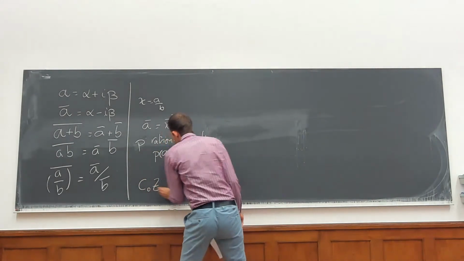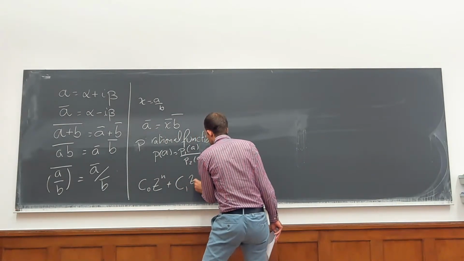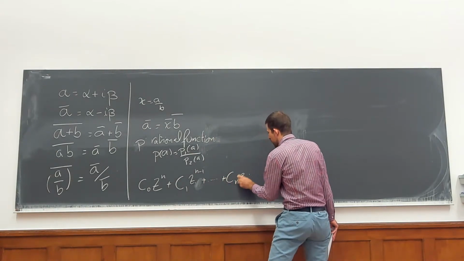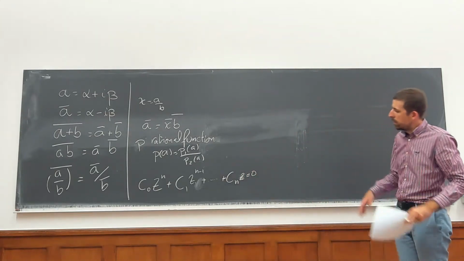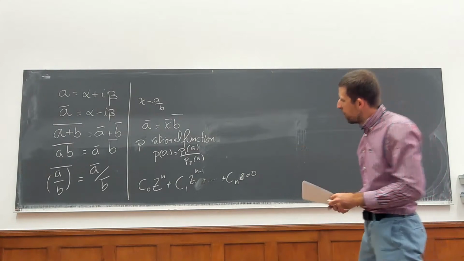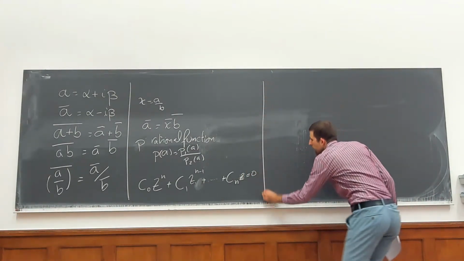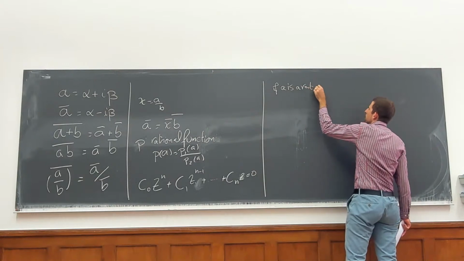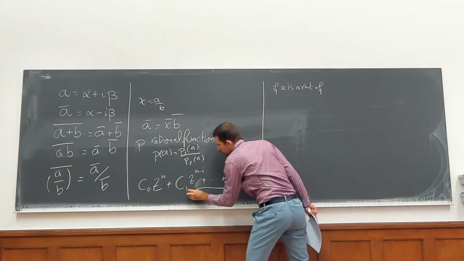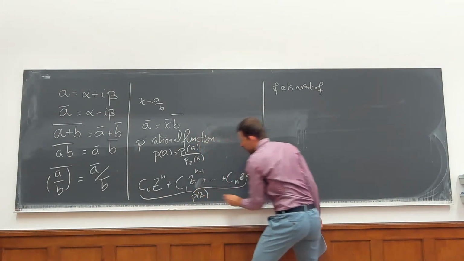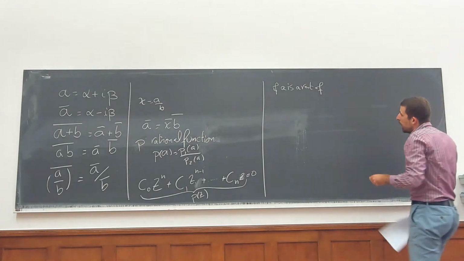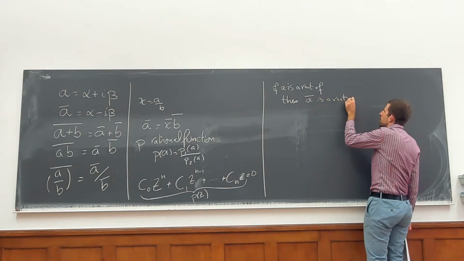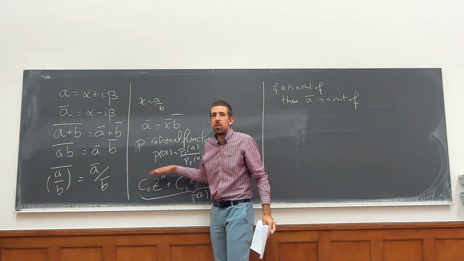And in particular, it's not hard to see that, let me see, let's say that I have a polynomial. If I have the equation of a polynomial being 0, say if A is the root of that polynomial, so let me call it P of Z, then it's obvious that A bar is a root of the polynomial where I just take conjugates in all the coefficients.